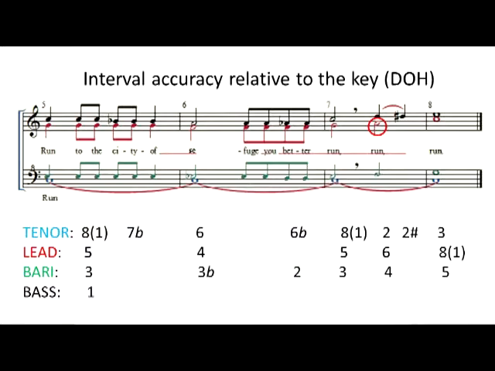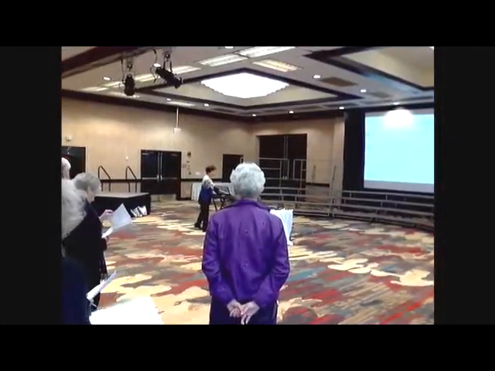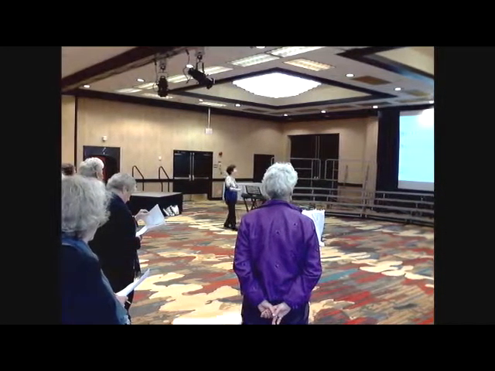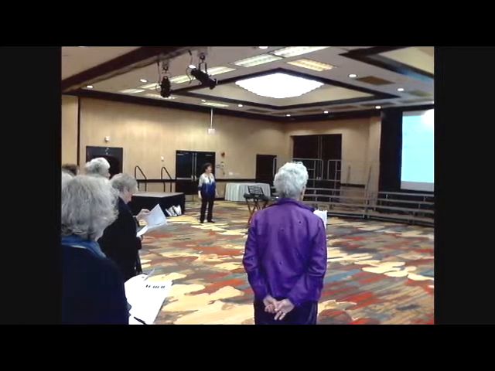So why don't you stand up? Everybody on this side, you all sing the lead line. You're going to sing it with careless intervals, not necessarily bad ones, but just without paying a lot of attention, okay? Run to the city of refuge, you better run. Good. Now, one more time and pay attention to 6. Run to the city of refuge, you better run.